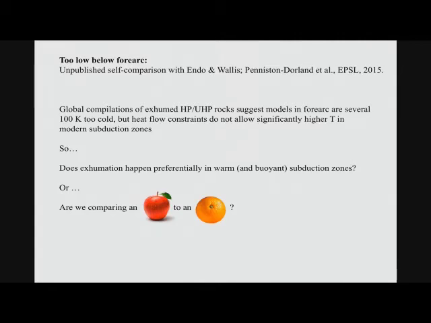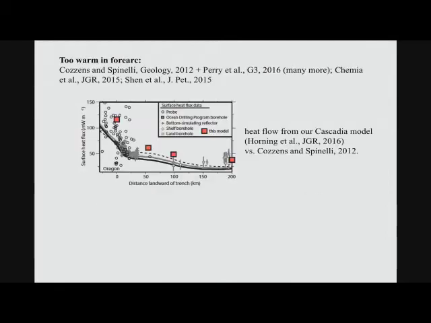And then see under what conditions we can exhume rocks, which requires buoyancy, and what those temperatures are. And that's a huge challenge, but I think that's where we're leading this discussion. So I don't have a resolution for the fore-arc temperatures, except the fact that I don't think our models are appropriate to be compared to those, even though I've done it myself.